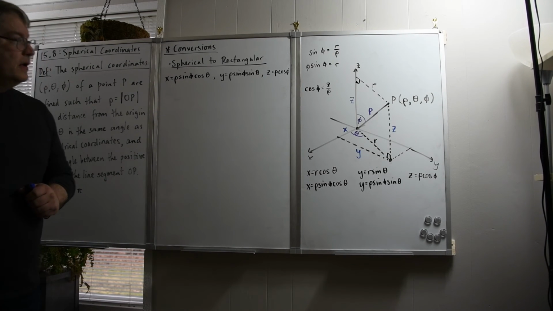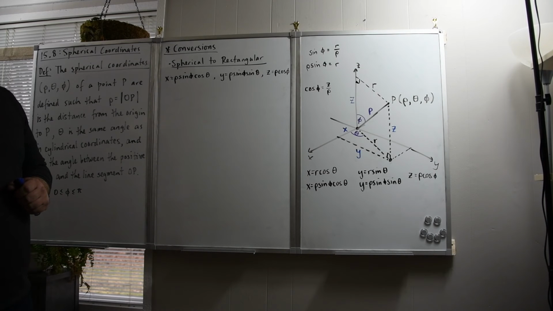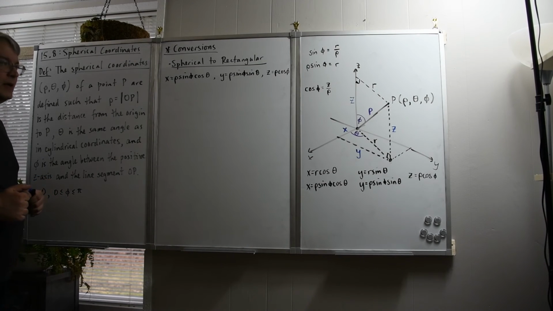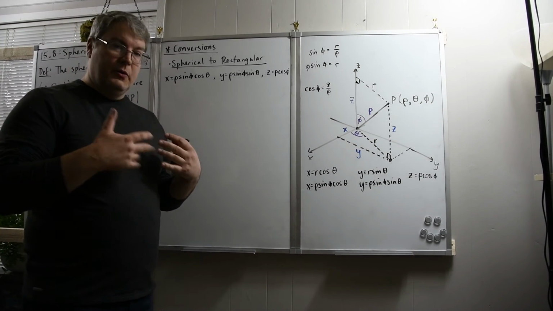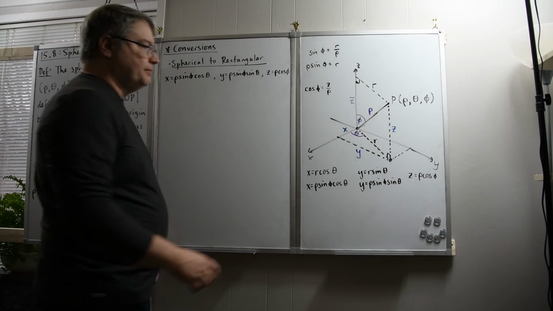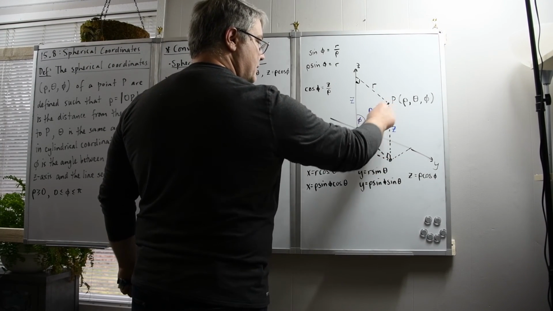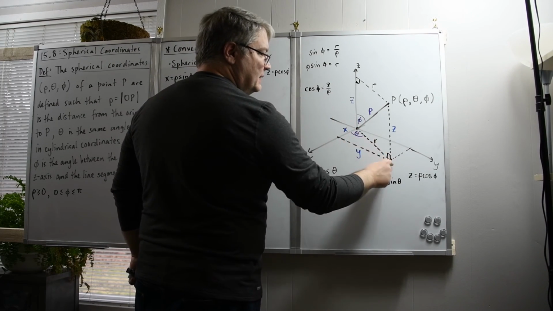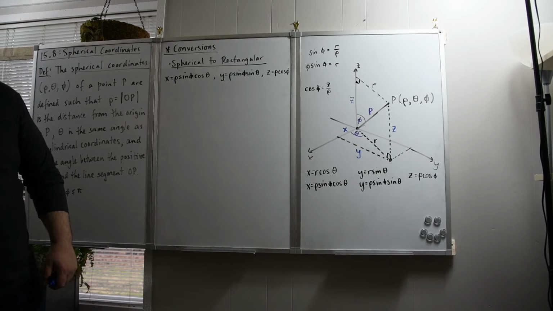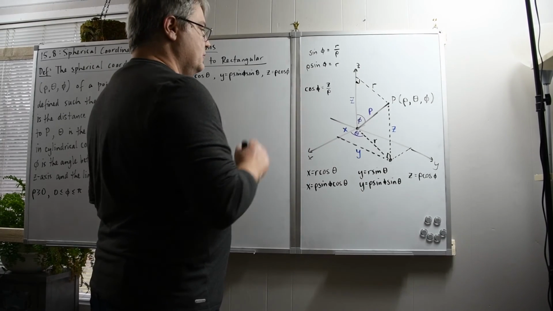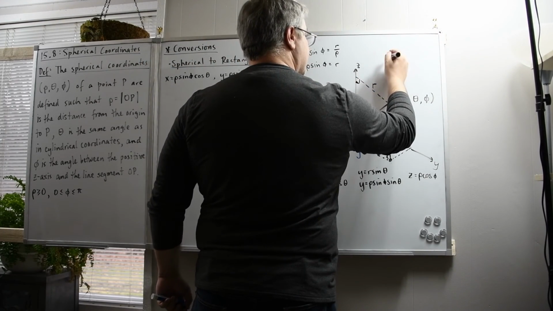Now, one could also start to ask, well, what if we want to go from rectangular to spherical? What if we know x, y, and z? And what we're trying to get is rho, theta, and phi. Well, take a look at this right triangle here. We know that rho squared is the same thing as r squared plus z squared.